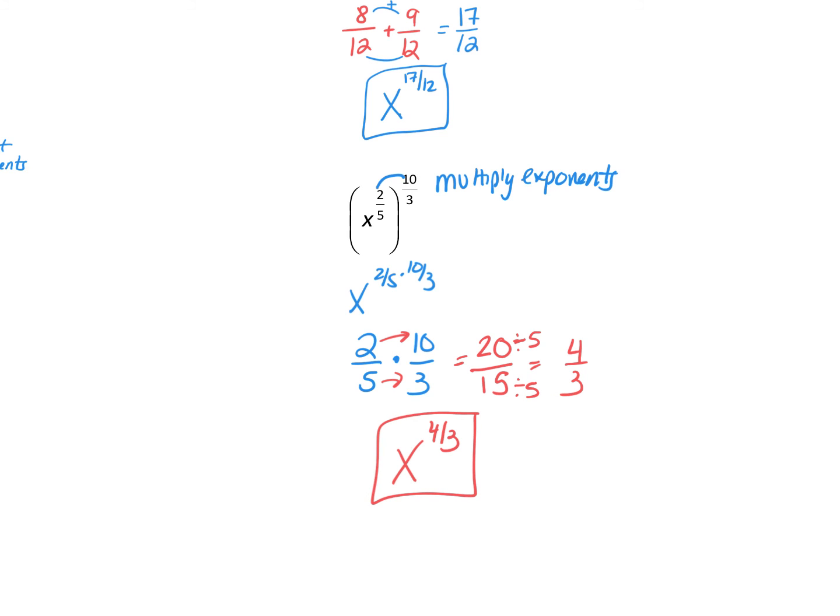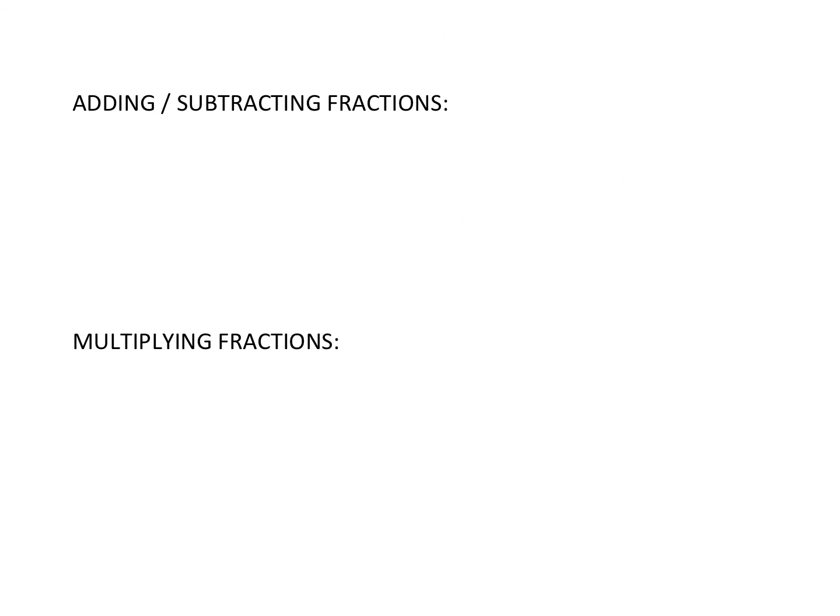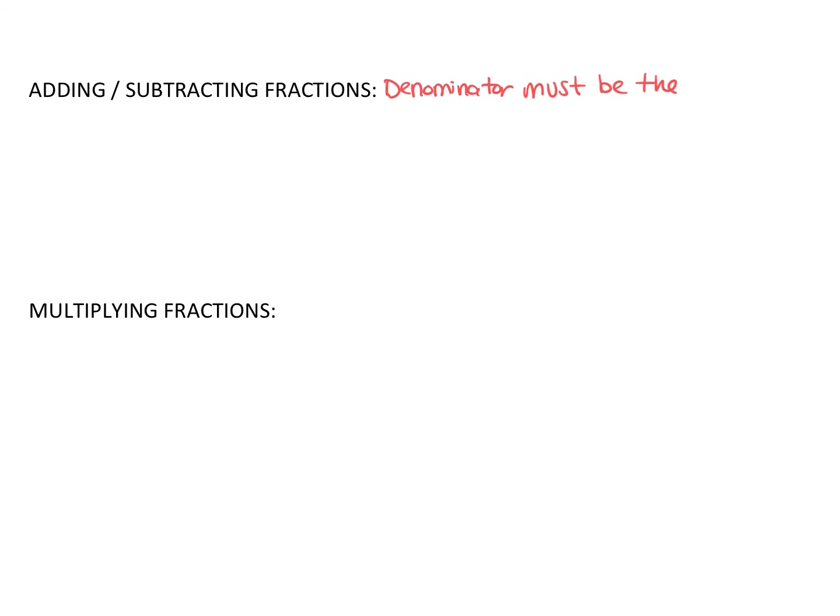So let's do a recap on a little bit of how we do fractions. When we add and subtract fractions, our denominator must be the same. So here's another example.